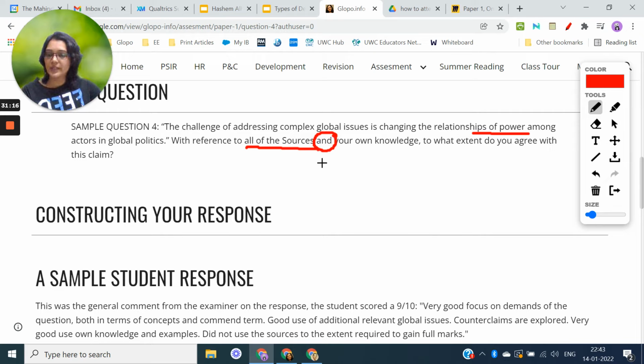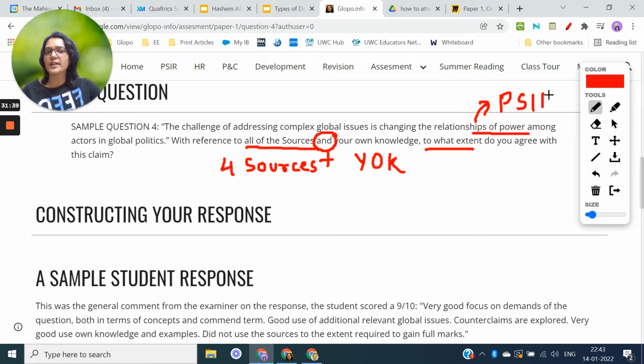It's not or, it's and. That means you need to include 4 sources, right, and your own knowledge. To what extent, the command term, do you agree with this claim?